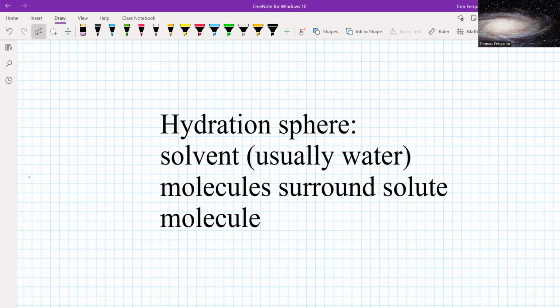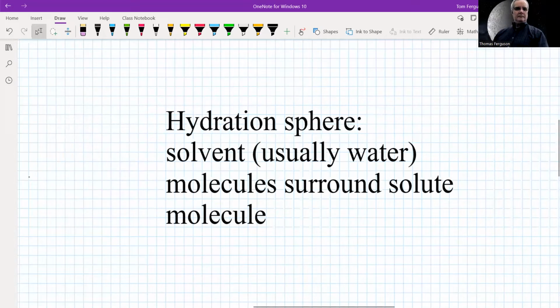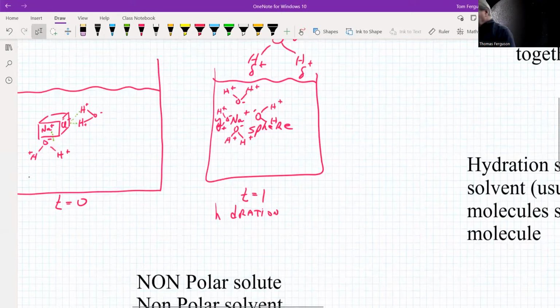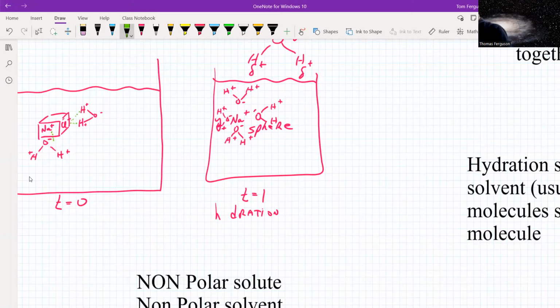Now, if the solute molecule is ionic, the water will be surrounding a cation, and it'll be surrounding the anion. So this would be the sphere right here. That would be the definition of the primary hydration sphere.